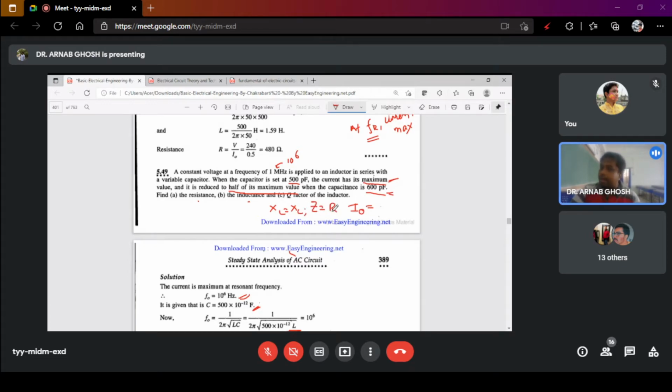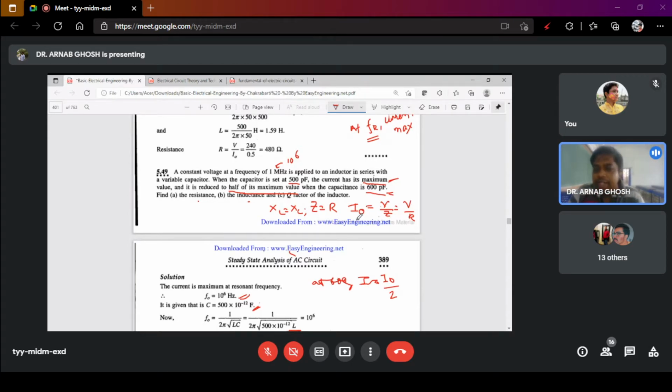So what is I0? I0 will be voltage divided by Z, that is voltage divided by R at resonant condition. Now at 600 picofarad it has been given that I is equal to I0 by 2, half of its maximum value.